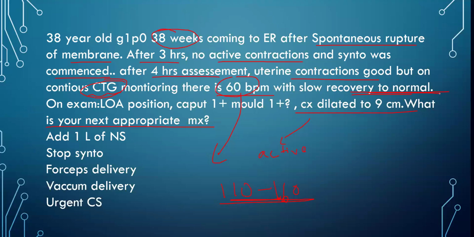And that should give you a clue that when contractions are happening, the fetal heart rate goes too low. Maybe you have given syntocinon more than what is required. So for that reason, we are stopping syntocinon. And if we stop syntocinon and see that fetal heart rate is getting better, then it's good. The cervix is already dilated to 9 centimeters, so we don't need any more syntocinon. And they also said contraction is good now, so you can definitely stop it.